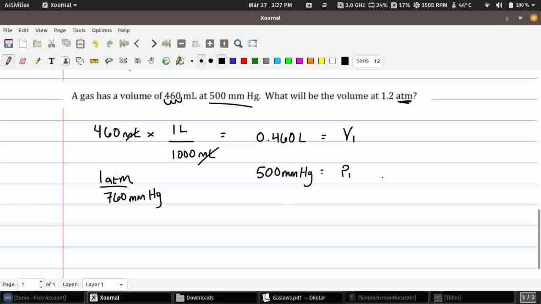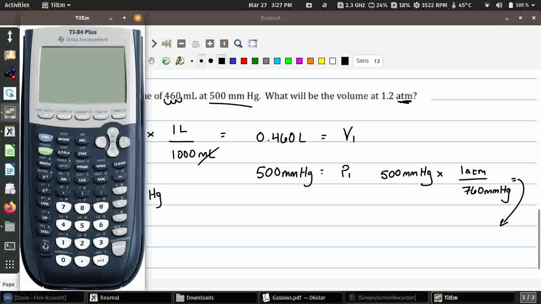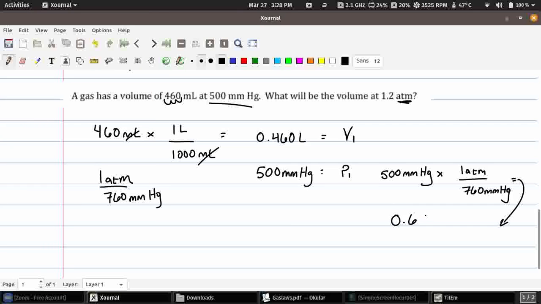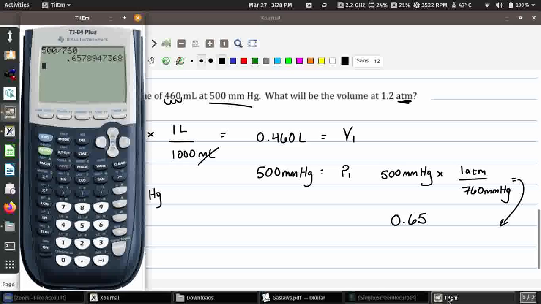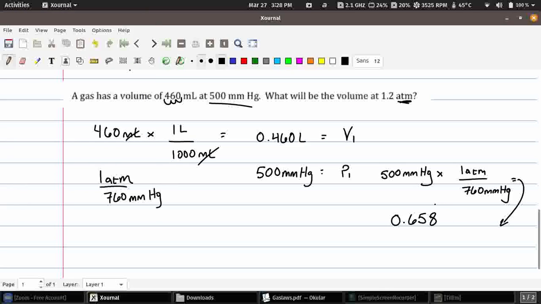What we're going to do is 500 millimeters of mercury times 1 atmosphere over 760 millimeters mercury. And then that's equal to, I don't know off the top of my head, but probably about 0.7 something. Close. So your pressure 1 is going to be 0.658 atmospheres.